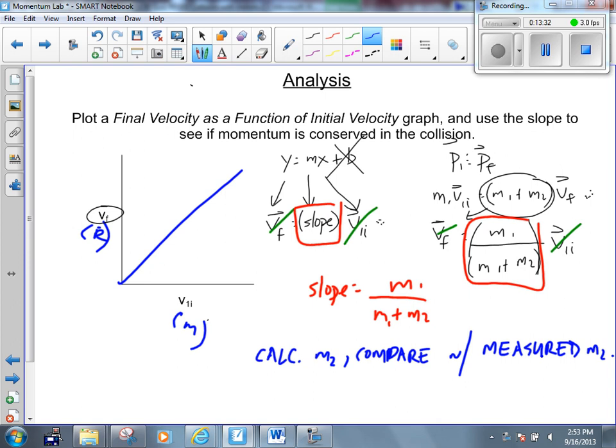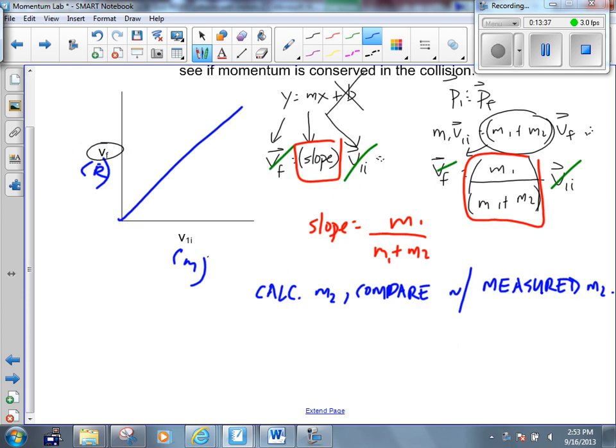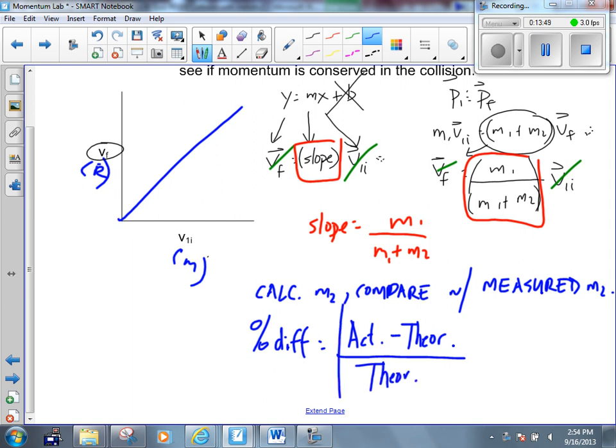All right. Well, what if it doesn't exactly equal? Like, what's close enough? Let's calculate a percent difference. Percent difference is the actual minus the theoretical value over the theoretical value times 100.